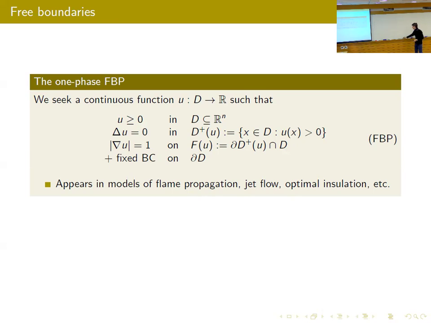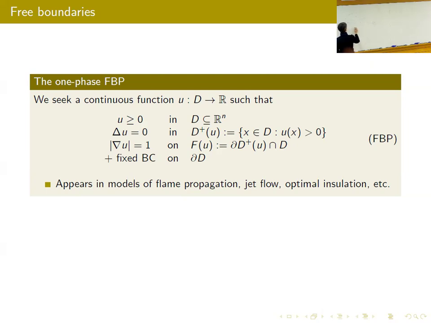It is one of the archetypal free boundary problems. You're seeking a function u, which is continuous on some bounded domain, omega. You prescribe some data on the fixed boundary. And you're looking for this non-negative function. It has two parts: a region where it's 0, and a region where it's positive.